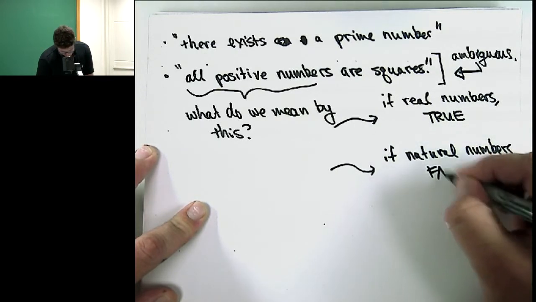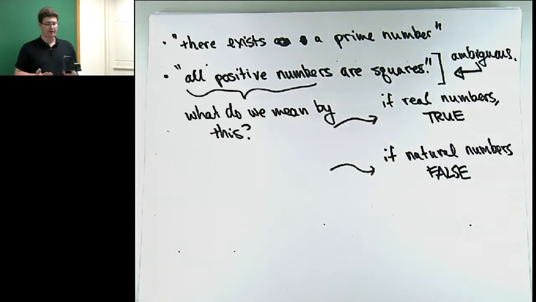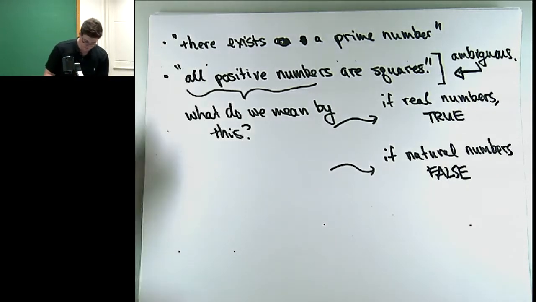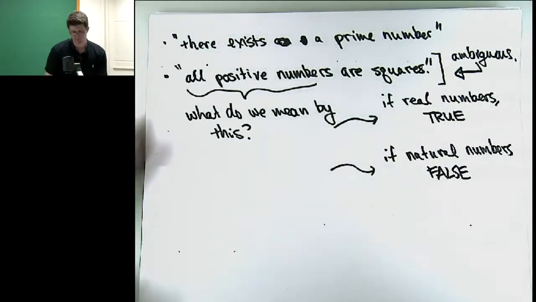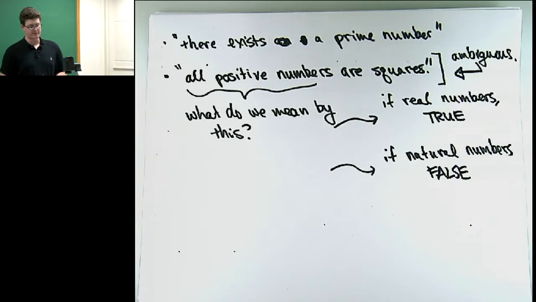this is false. Because, what do we mean by all positive numbers? Are we talking about positive real numbers? Are we talking about positive integers? The domain over which we range is sometimes called the universe, and this depends on the universe. Like in this case, what's a positive number that's not a square?